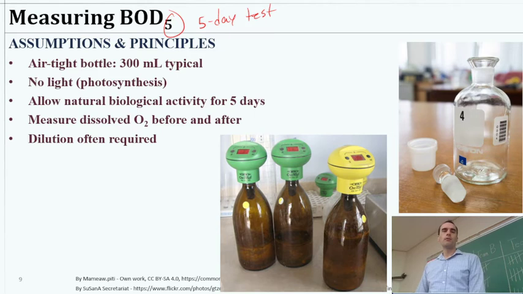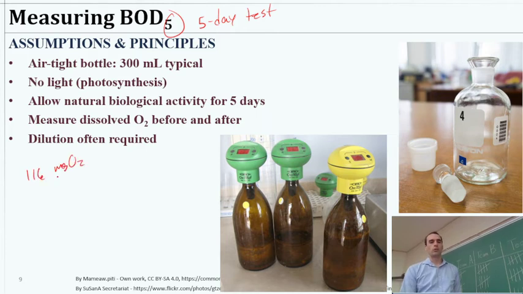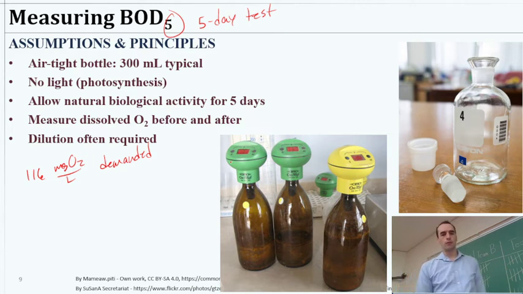A lot of times we have to dilute. Earlier, we took a look at that glucose example, and we said we have like 116 milligrams O2 per liter demanded. Well, if our water in the bottle, and I think I may have misspoke, I think we don't typically allow headspace.